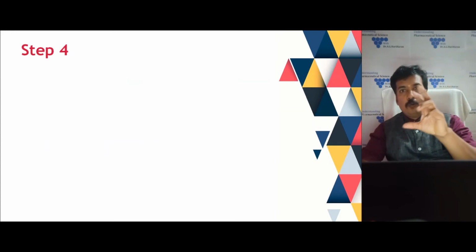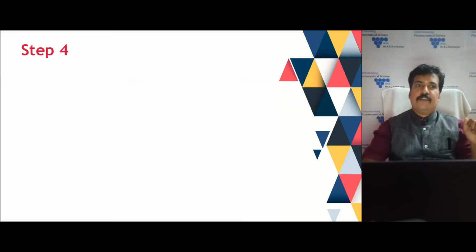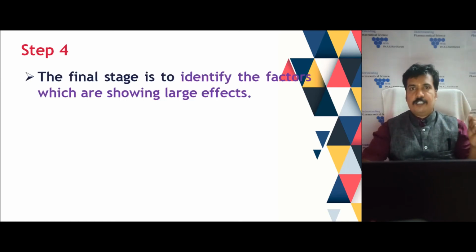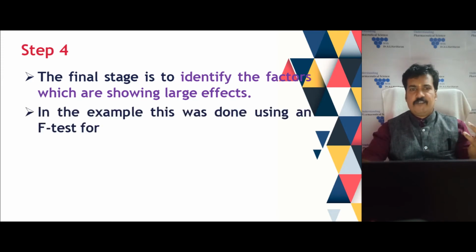Then to identify which variable is an important one, which can produce larger effects or which doesn't have any effect in the optimization process, this can be found in step 4. In step 4, we can identify the factor which is showing larger effects and which doesn't have any effect. This can be done by means of the F test.